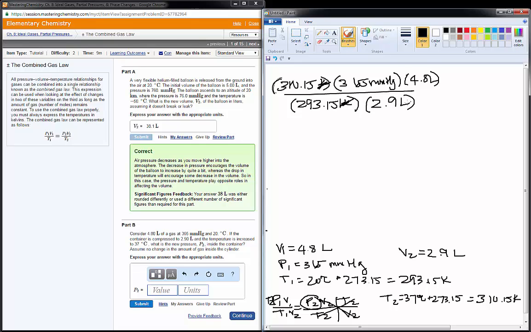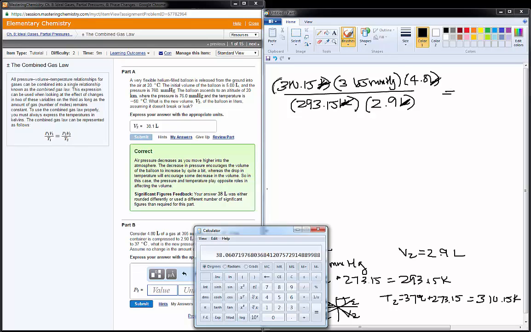My kelvins cancel, my liters cancel, and I'll be left with units of millimeters of mercury. So 310.15 K multiplied by 365 millimeters of mercury multiplied by 4.8 liters divided by 293.15 K divided by 2.9 liters, and I get 639 millimeters of mercury, the unit that's left.